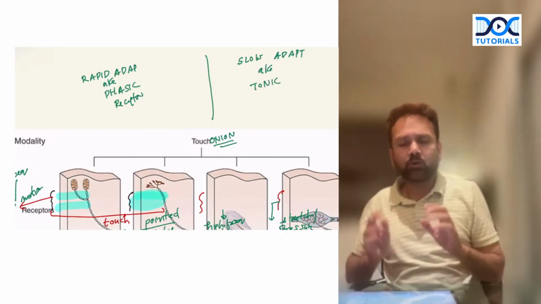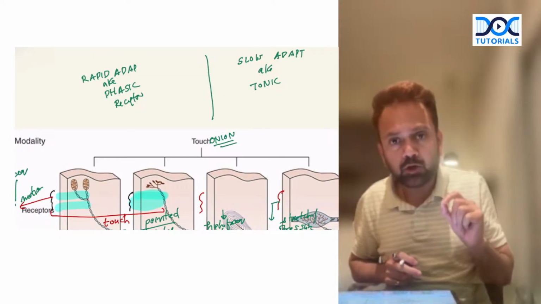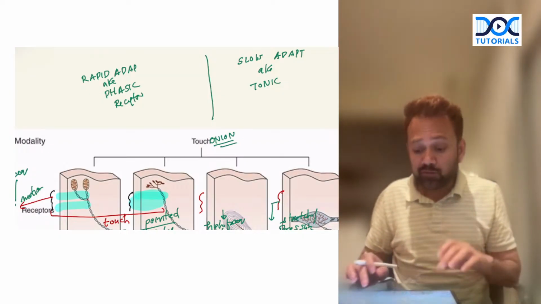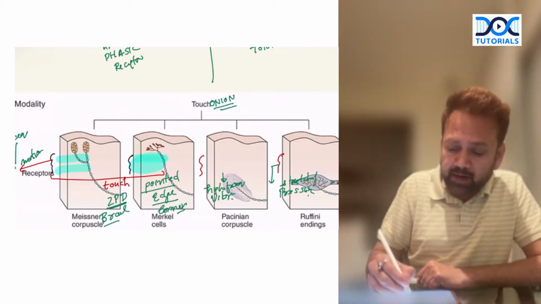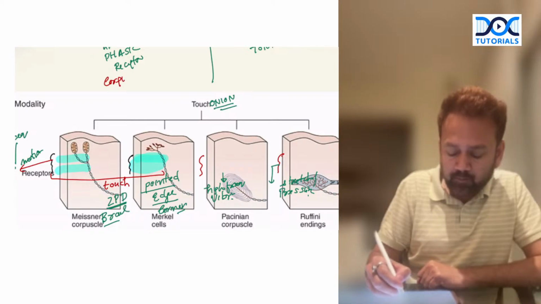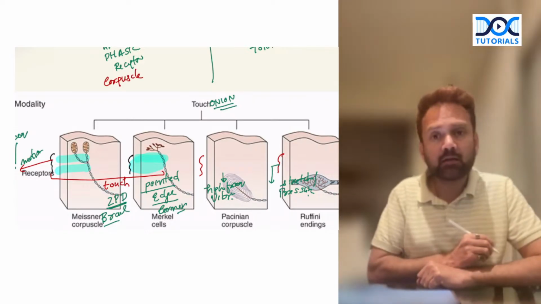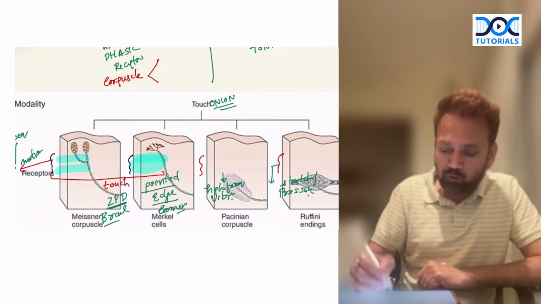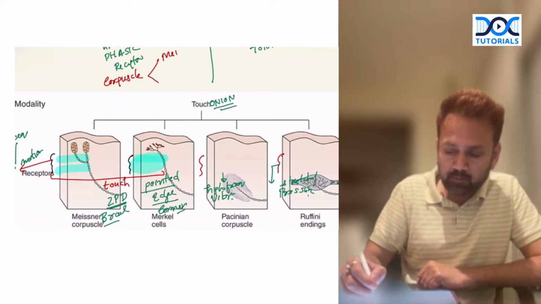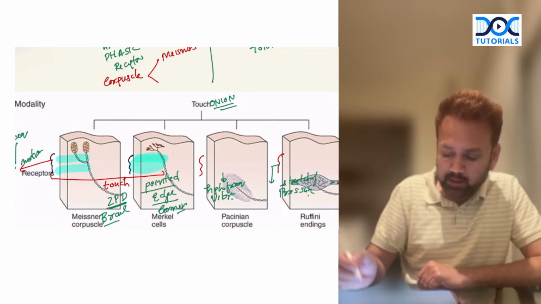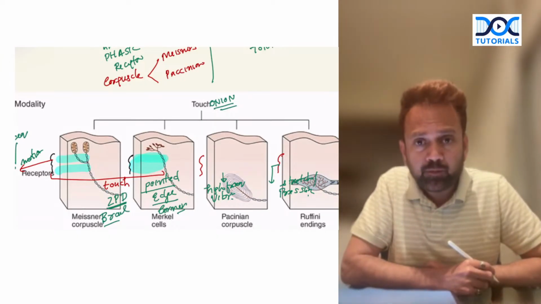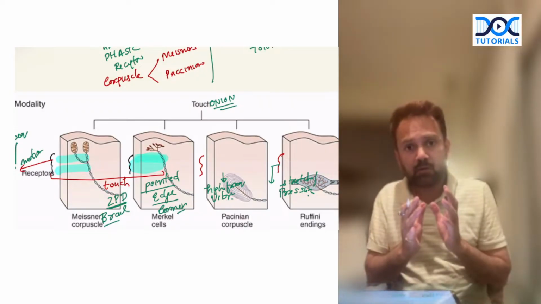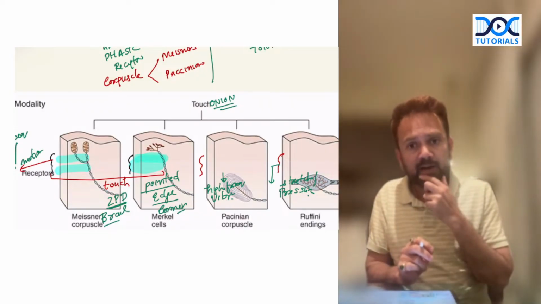Now it looks very confusing, but I will give you a simple mnemonic to remember. Out of these four, which one is a phasic receptor? Just remember, if at the end they have a capsule, they will be rapid adapting receptors. One is Meissner's capsule, and the other is Pacinian capsule. I have taken a full one hour lecture in the main video, but today I'm going to glimpse the must-know points regarding this diagram.